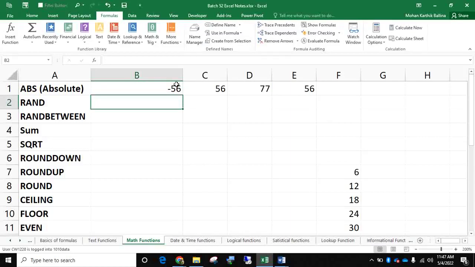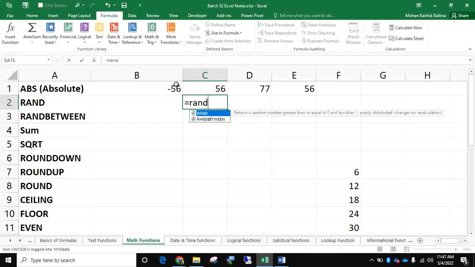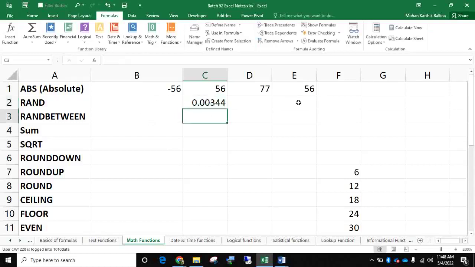Next, RAND. Simple. The RAND function can be used to give a random number between 0 and 1. Shall we give any input here or select any cell reference? No, right? He did not give any parameter there. So just write it like this.